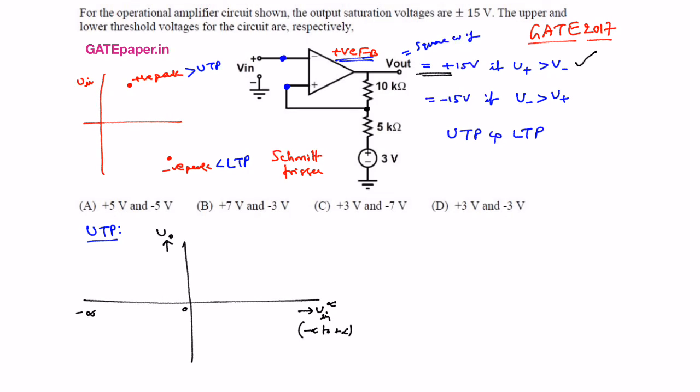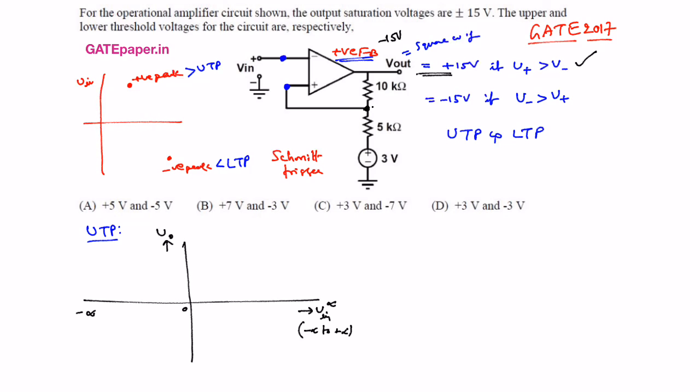Whatever V out was previously, the voltage at the non-inverting terminal is at most derived from minus 15 volts and this plus 3 volts. If it is previously plus 15, it doesn't matter, this voltage is always positive.